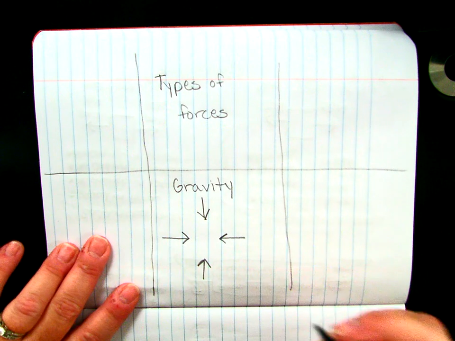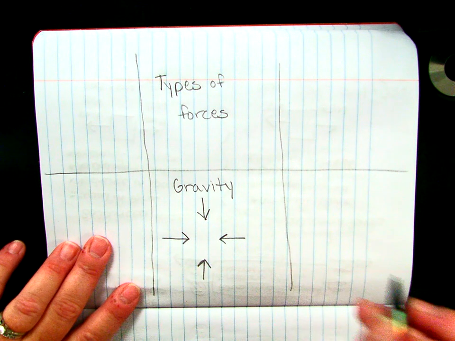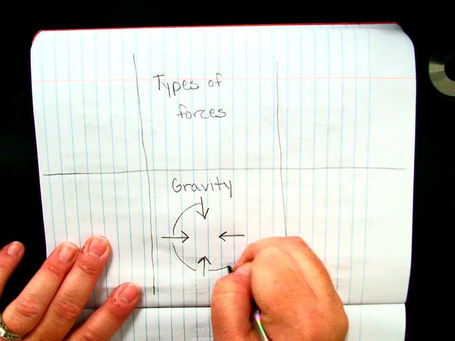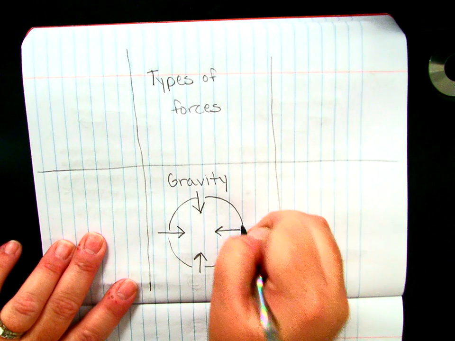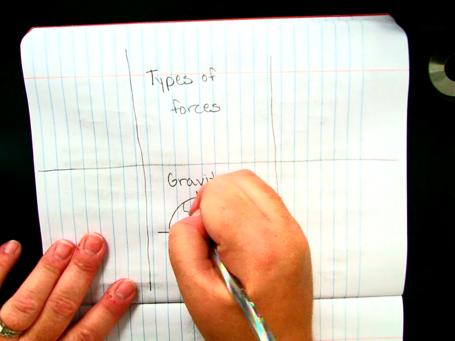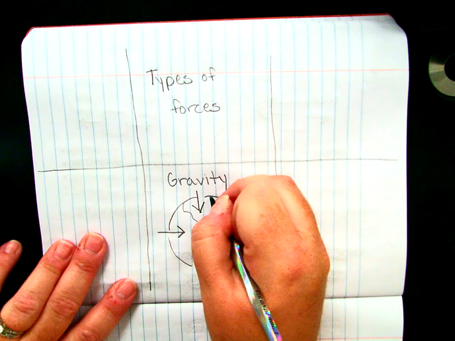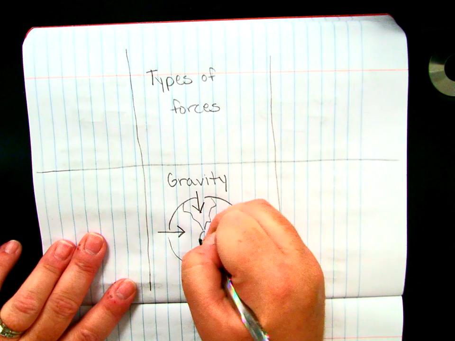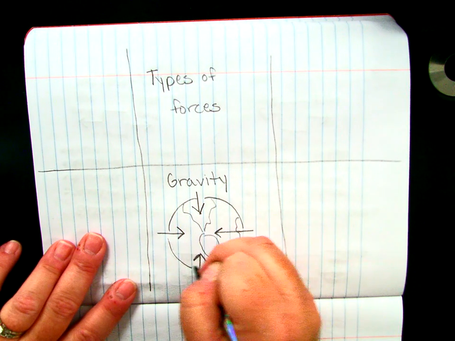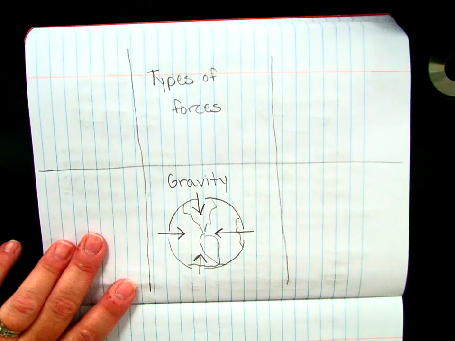So around our arrows, let's kind of draw a circle. And then we're going to put our continents. And they don't have to look beautiful, but sort of like a continent here. There we go. So gravity pulls everything towards the center of the earth.